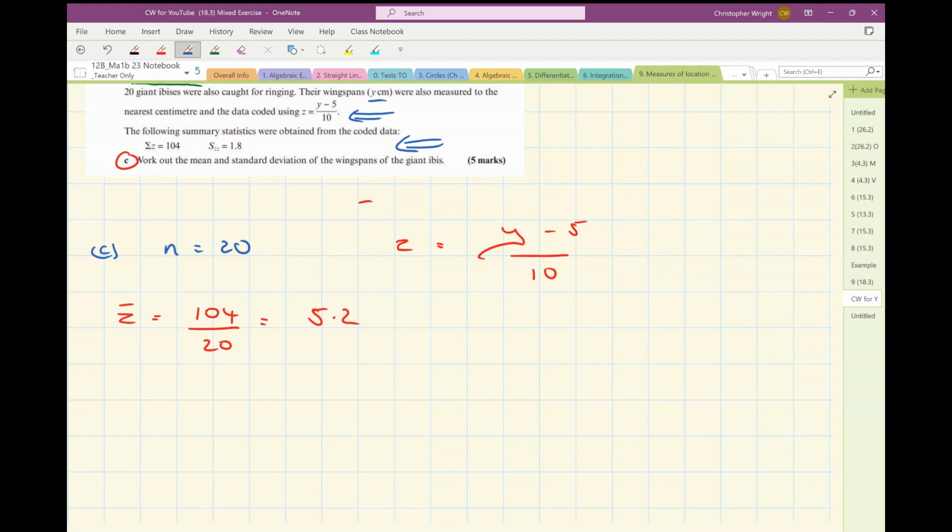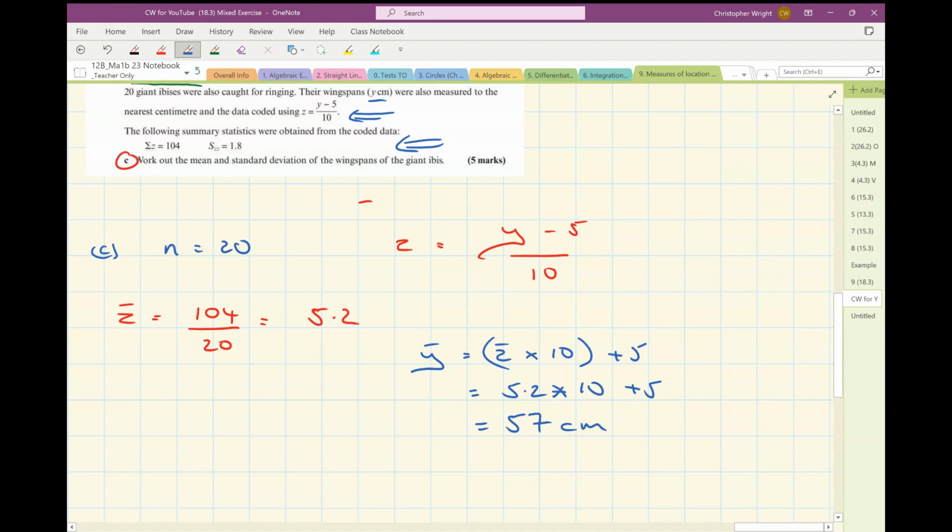Okay, so now let me convert that to Y. So the mean of Y would be the mean of Z times 10 plus 5, which is going to be 5.2 times 10 plus 5. Looks like 57 to me. So that's the mean of the coded data in red and the mean of the raw data of Y, the actual data, in blue.